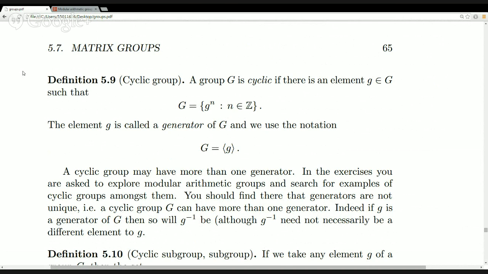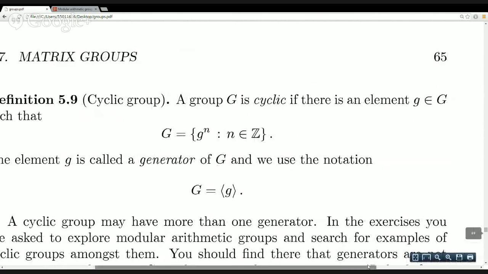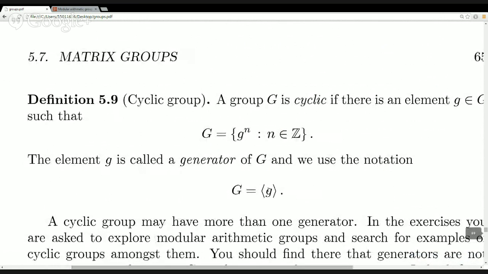So the definition says a group G is cyclic if it has an element g such that the group is equal to just the set of powers of g, g to the power n, where n is any integer. And we use this angle bracket notation. G is equal to the group element little g inside a pair of angle brackets. That refers to the fact that G is a cyclic group with generator little g.